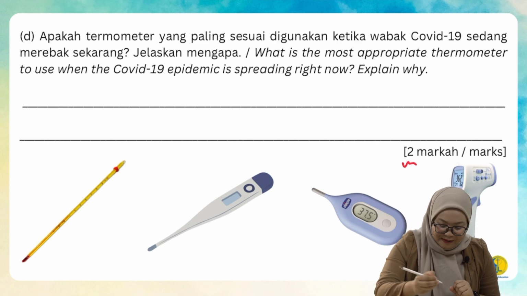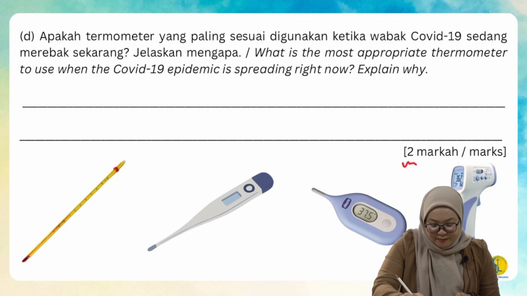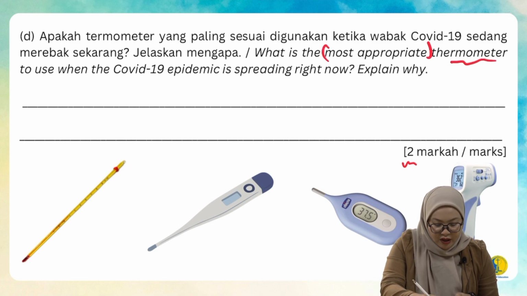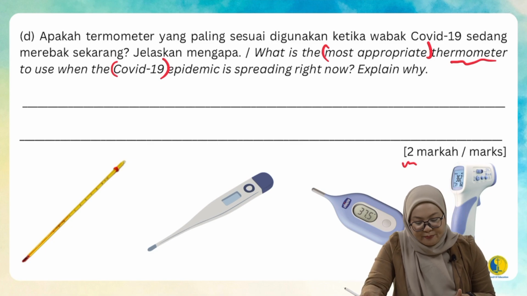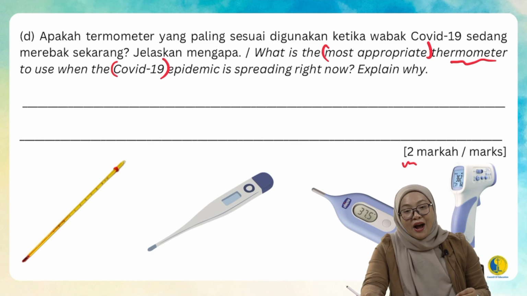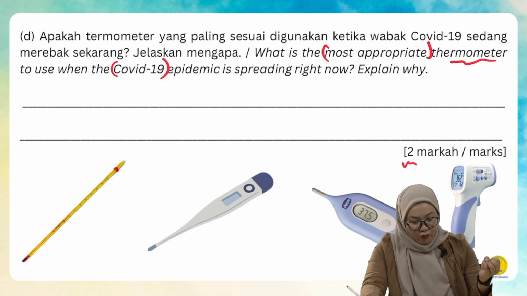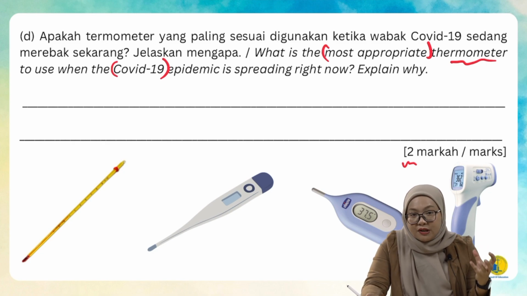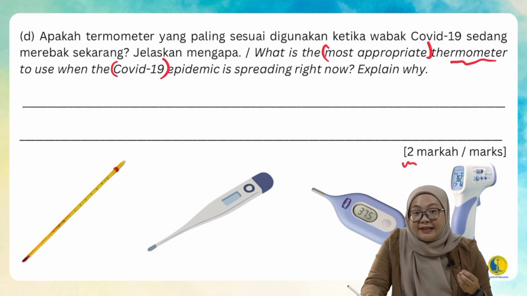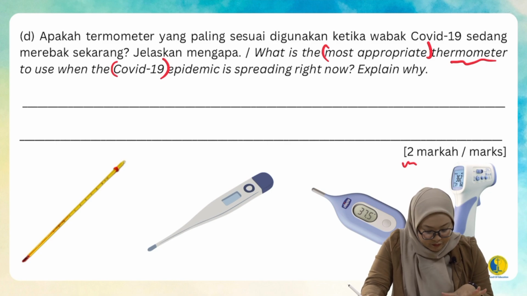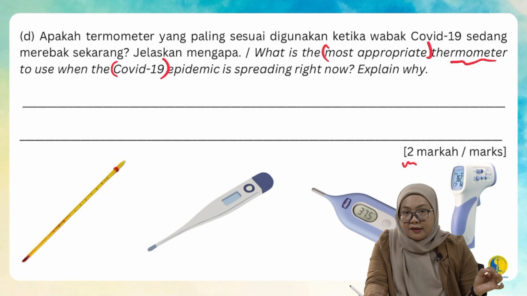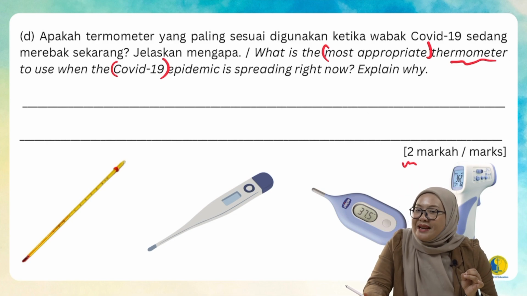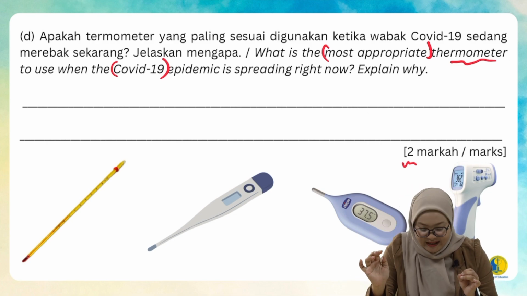Okay, alright. So, what is the most appropriate thermometer to use when the COVID-19 epidemic is spreading right now? What thermometer is suitable to avoid contact, to avoid COVID-19 spreading? Okay, so in this particular chapter, we learn 4 types of thermometer.